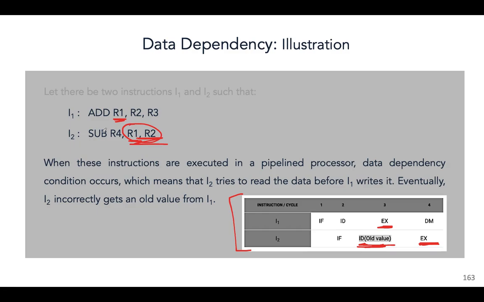It starts the subtraction process, because the actual R1 will be available only after cycle 4. But during cycle 4, I2 is already executing. This is the problem caused by data dependency, and it is a major problem. If we are performing arithmetic operations like these, where following instructions need to use data generated by previous instructions, and those data values are not yet available, then all the calculation can become completely wrong.